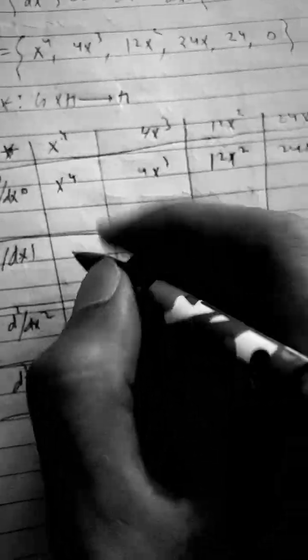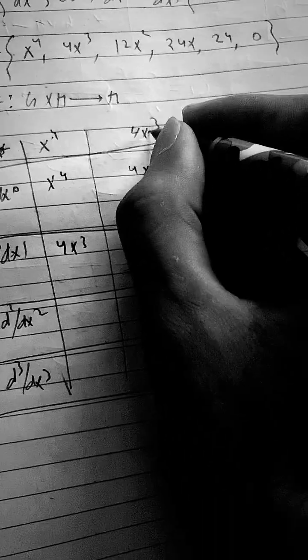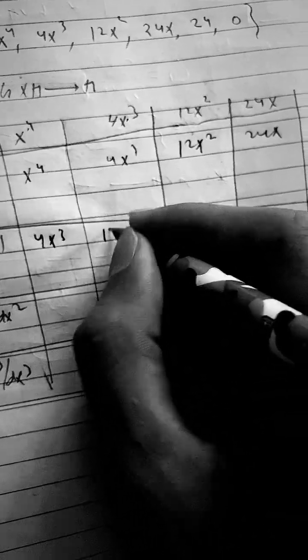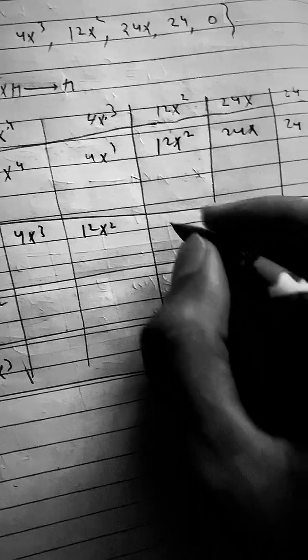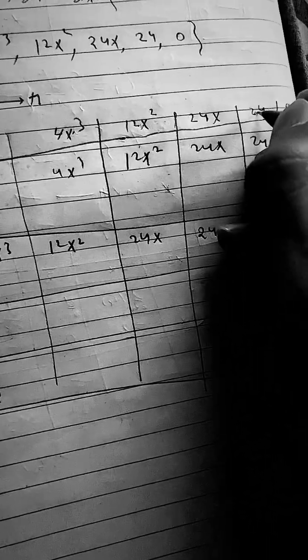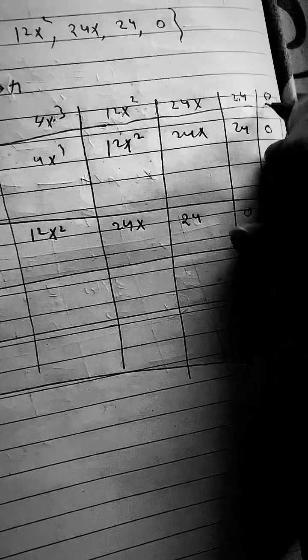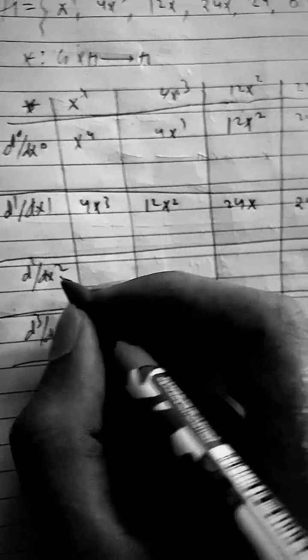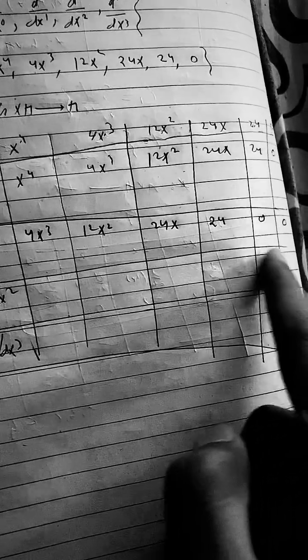Now the first derivative of this is 4x^3. First derivative of this is 12x^2. First derivative of this is 24x. First derivative of this is 24. First derivative of this is 0. First derivative of 0 is 0. Now we can see here, maybe yes.